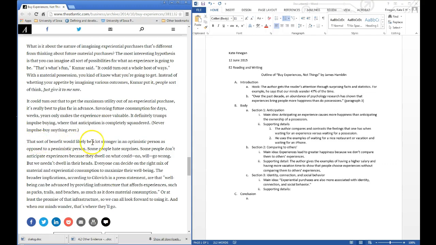Okay, so that sort of benefit would likely be a lot stronger in an optimistic person as opposed to a pessimistic person. Some people hate surprises. Some people don't anticipate experiences because they dwell on what could, no, will, go wrong. But we needn't dwell in their heads. Everyone can decide on the right mix of material and experiential consumption to maximize their well-being.